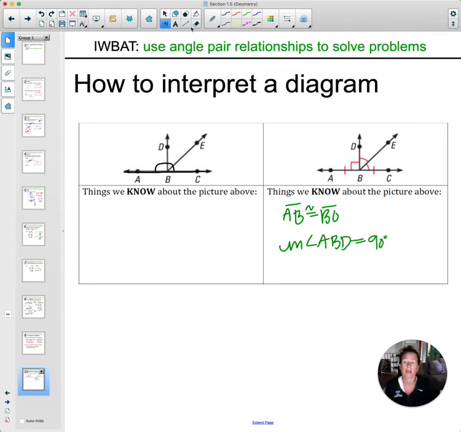You don't know that here, because there isn't anything here showing you that this is a right angle. You have to have a mark for that. You can tell that these two angles here are equal. So we can tell that the measure of angle DBE is equal to the measure of angle EBC because of those arc marks.